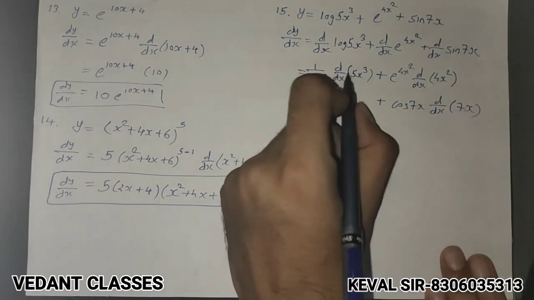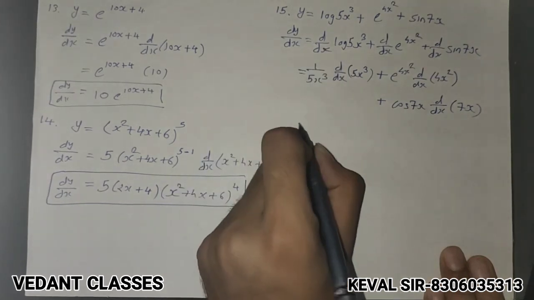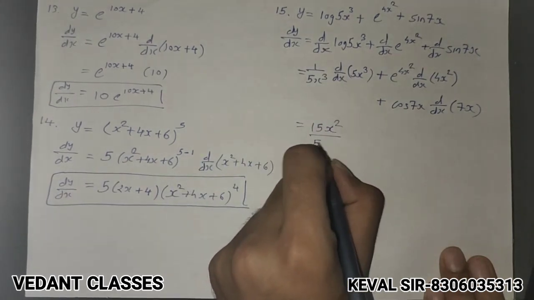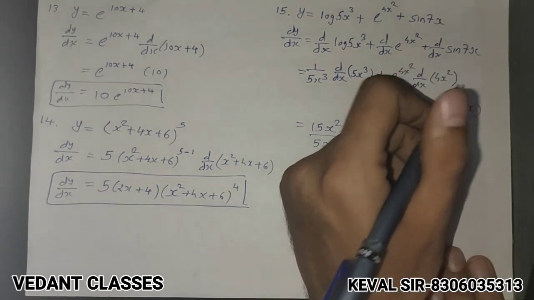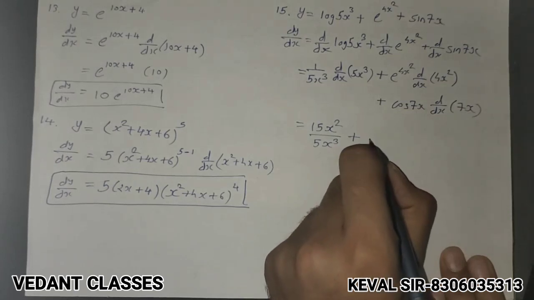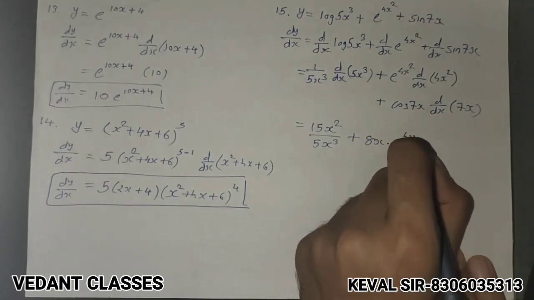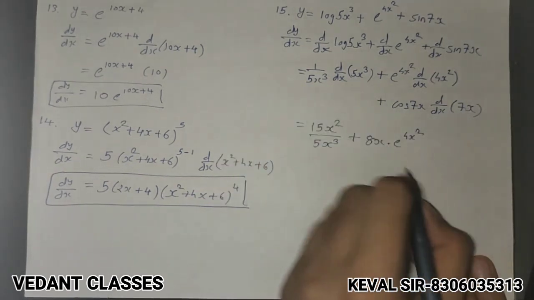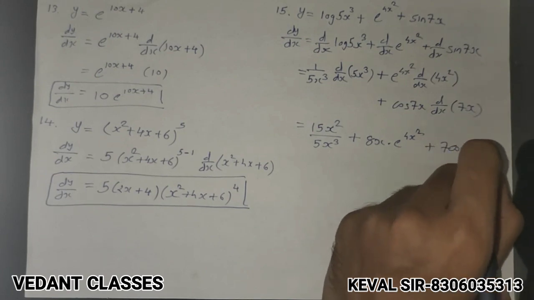Now the derivative for 5x cube will be 15x square, so it will be 15x square upon 5x cube, plus here the derivative for 4x square will be 8x, so it will be 8x into e raised to 4x square. The derivative for 7x will be 7, so it will be 7 cos 7x.